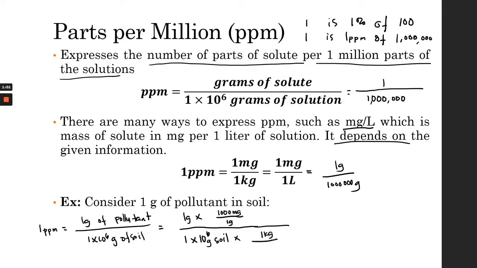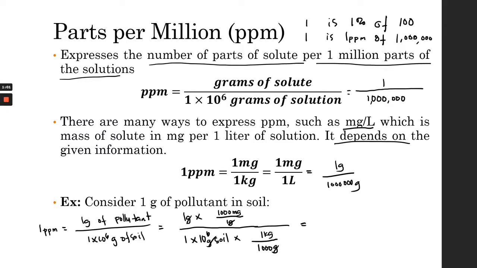1 kg is equal to 1000 grams. This is just unit conversion, guys. 1000 milligrams is equal to 1 gram, so we can cancel the gram here. 1000 grams is equal to 1 kilogram.